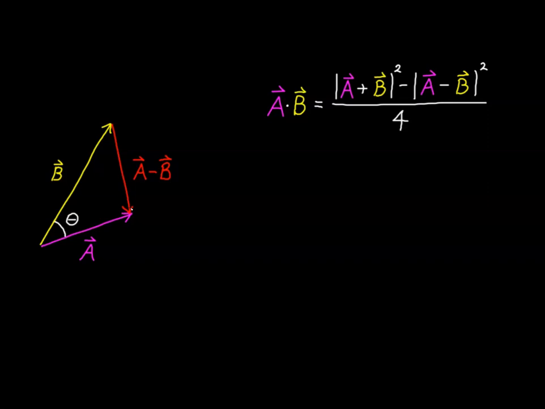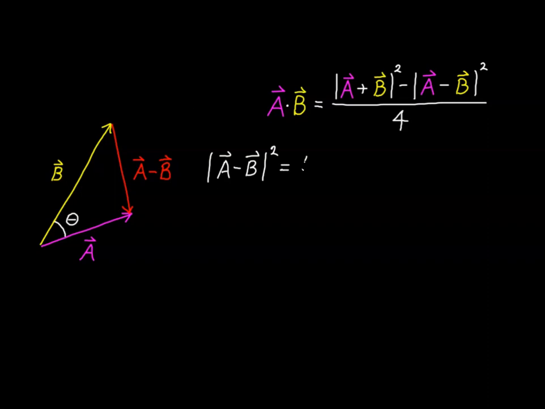Now I'm going to use the law of cosines to find the magnitude of our new vector a minus b. So a minus b, and I'll represent the magnitude with these vertical bars. Really should use double bars, but I'll be a little lazy. So that value squared will be equal to the square of the magnitudes of the two adjacent sides.